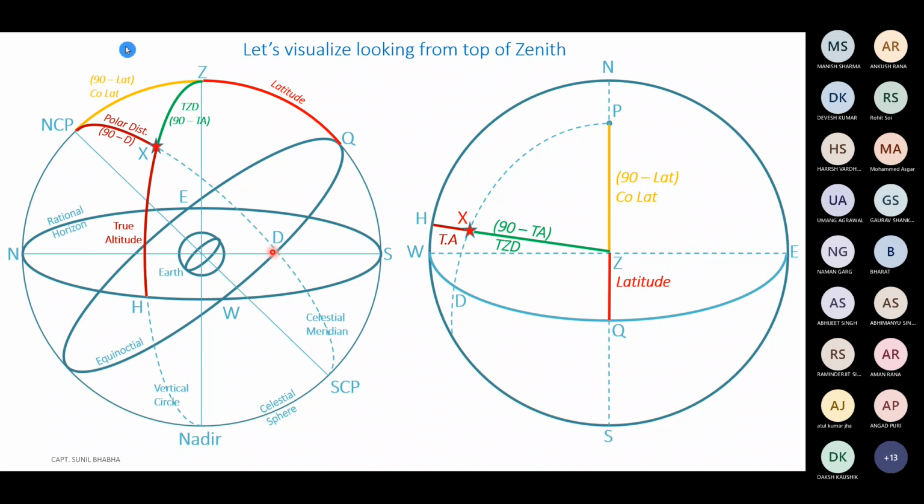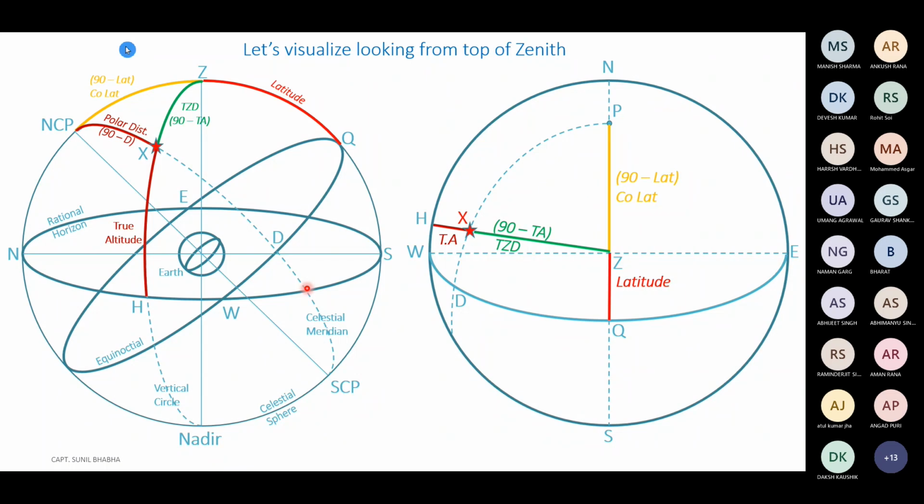This is the D point in the celestial sphere diagram, and it is referring to this D point on the rational horizon diagram. Going further from D, at this point, it crosses the rational horizon and goes to the far side. So we have the celestial meridian of the body drawn now.